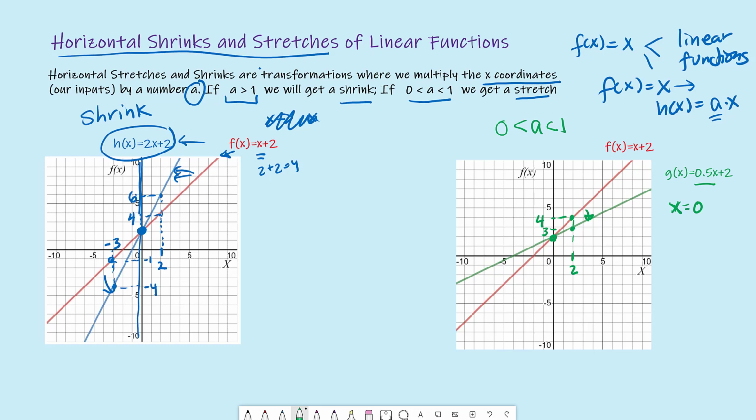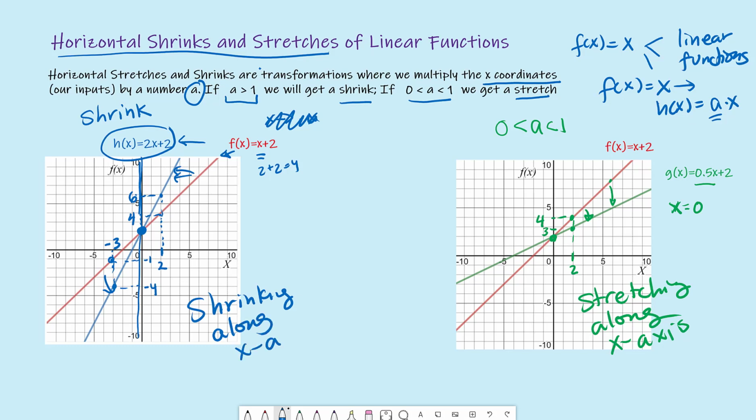But on any other point, what we're doing is we're moving our graph, spinning it lower down, so we look like we're stretching along the x-axis. While here, we were shrinking along the x-axis.